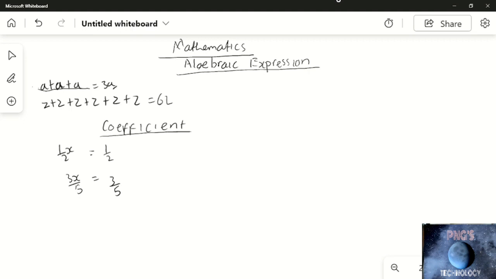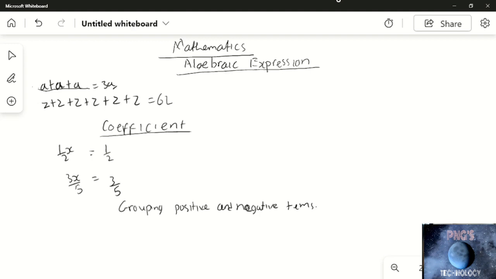So let's move into grouping positive and negative terms.